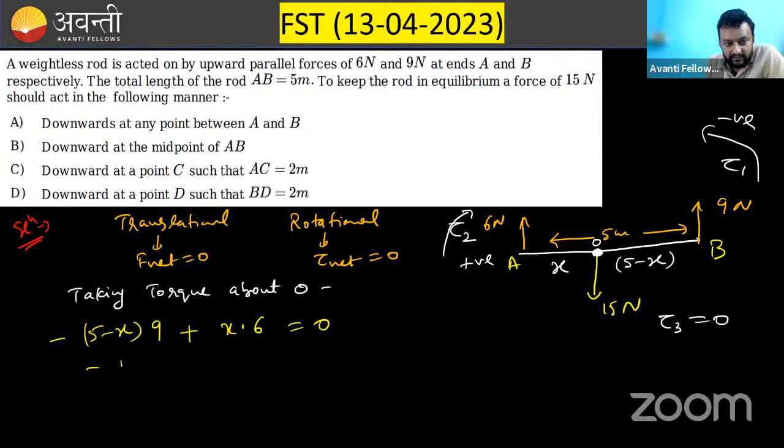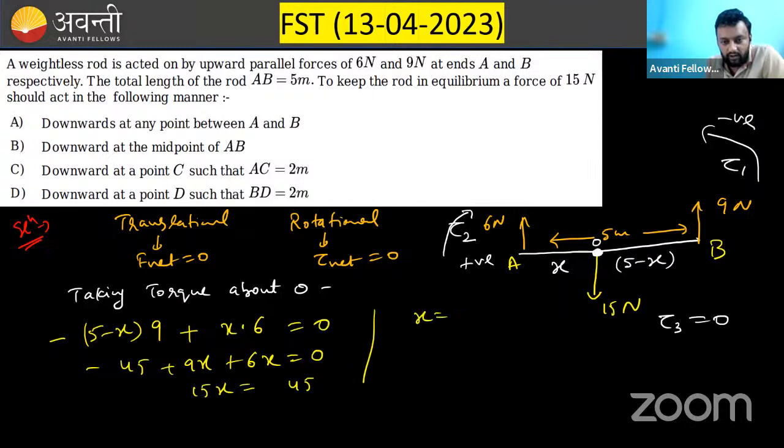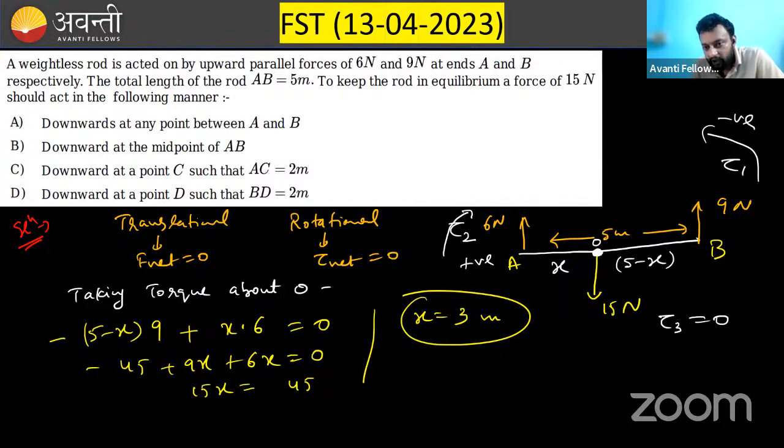This is minus 45 plus 9x plus 6x equals 0. That means 15x is equal to 45. So x is equal to 3 meter. That means from A, the 15 Newton should be at a distance of 3 meter.